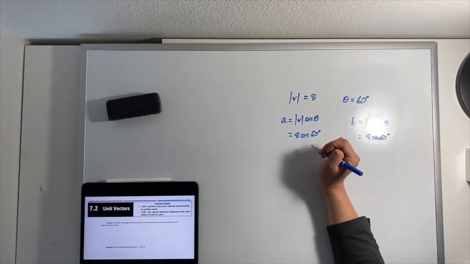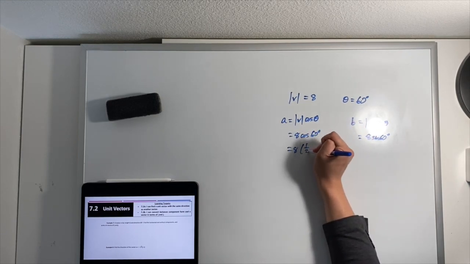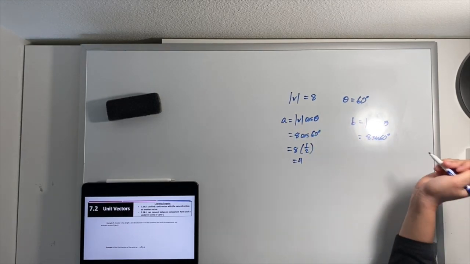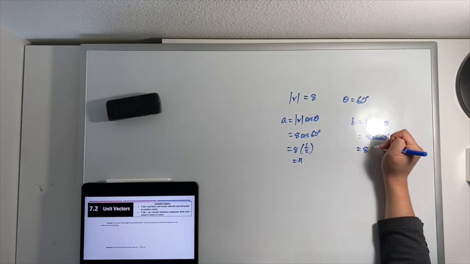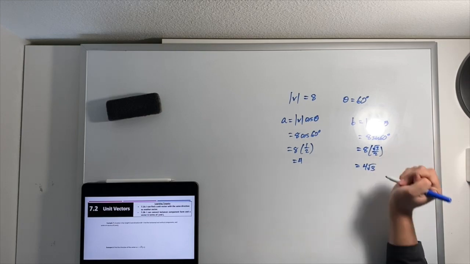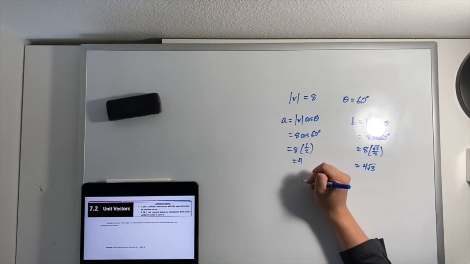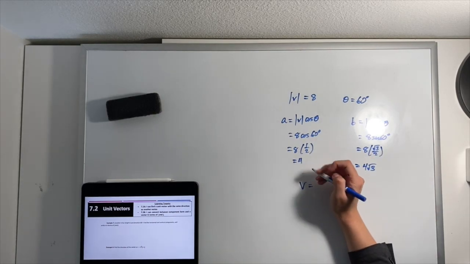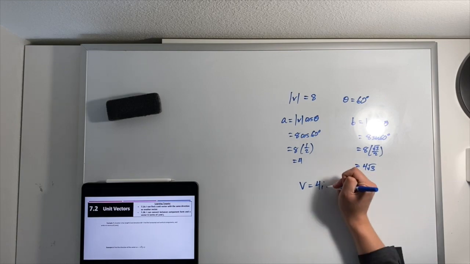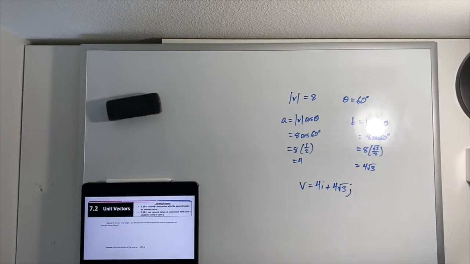The cosine of 60 degrees, you need to know by now. And the sine of 60 degrees, square root of 3 over 2, simplify. And so to finish expressing this vector in terms of i and j, vector v equals 4i plus 4 square root of 3j.